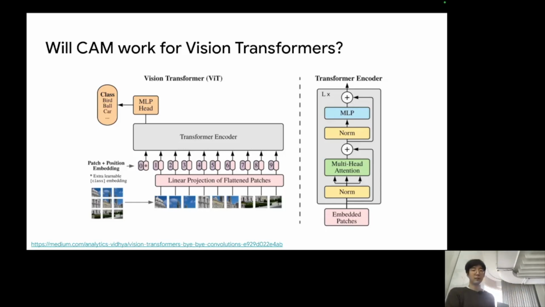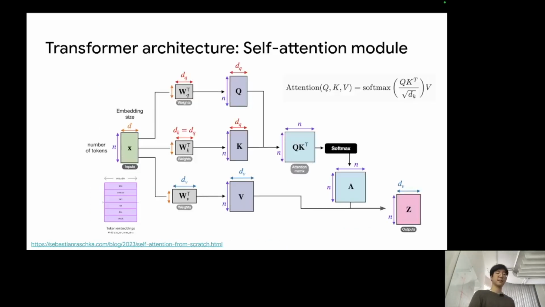Okay, so let's go into the self-attention module. Okay, quick survey. How many of you know the details here? Okay, I'll go over this still to make sure that we are on the same page. So the input to a self-attention module looks like this.